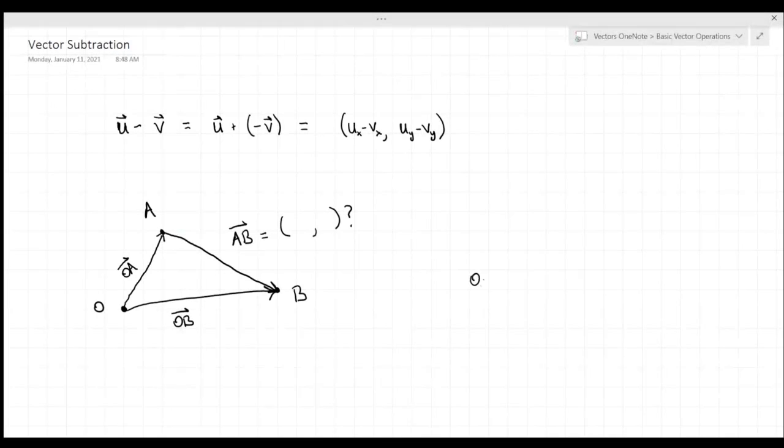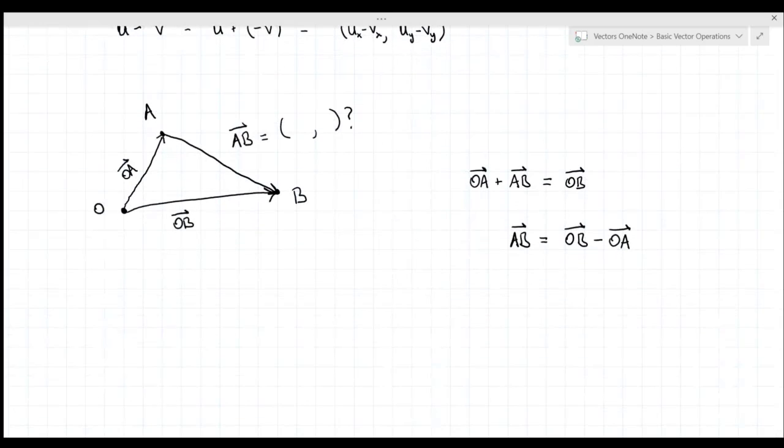So that means that vector OA plus vector AB is equal to vector OB. So that tells us that the vector connecting from A to B, we can think of it as the difference between vector OB minus the vector OA. Yeah, so that's kind of what I want to point out in this picture then.